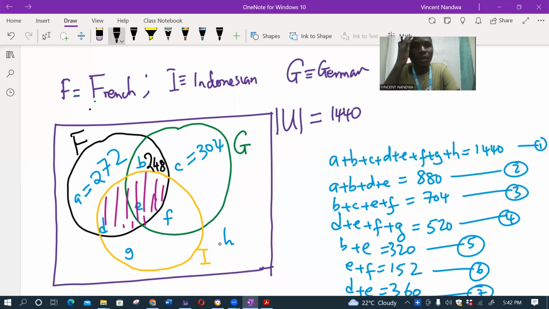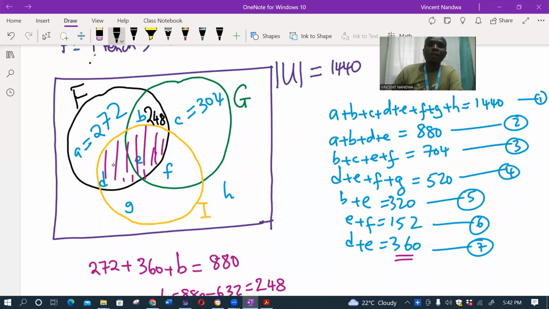So B is 248. Now, having B as 248, we can use equations 5, 6, and 7 to get D, E, and F. From equation 5, B plus E is 320. So B, which is 248, plus E is 320.